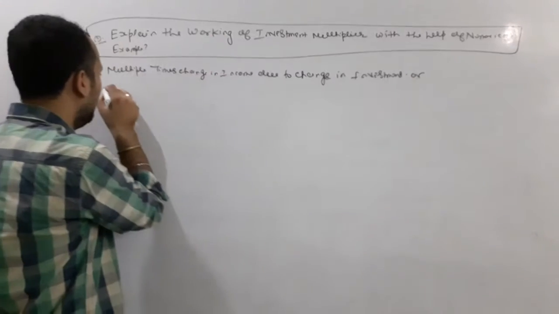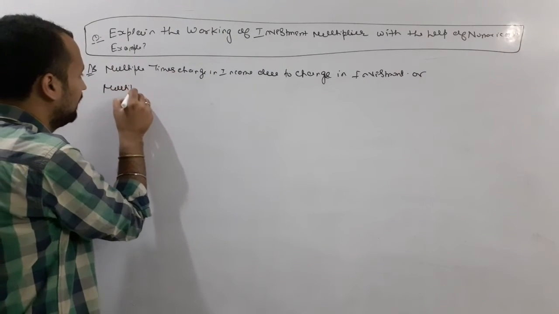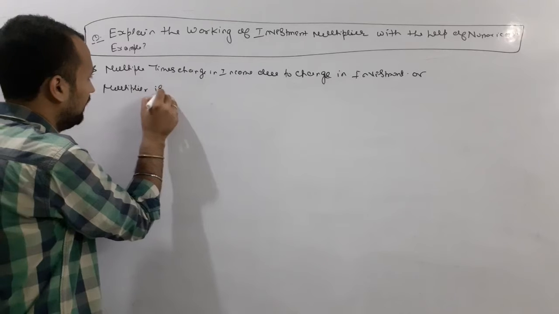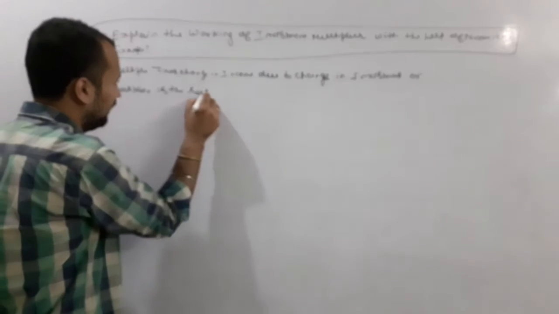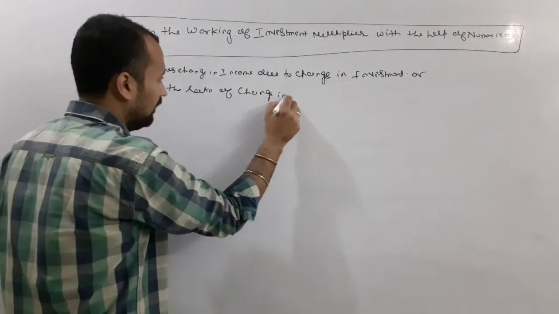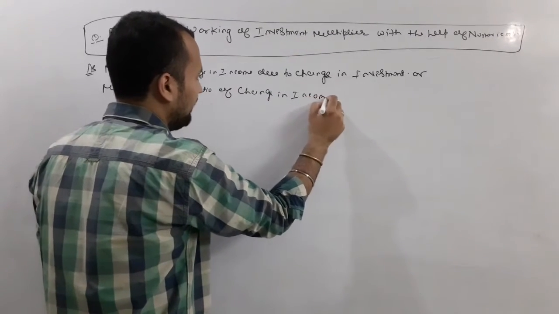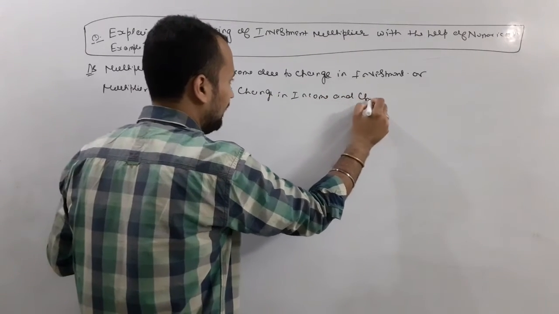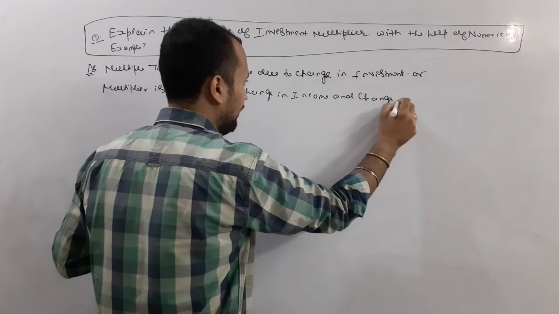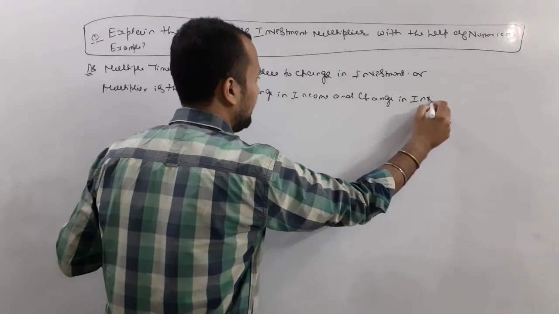Or multiplier is the ratio of change in income and change in investment.